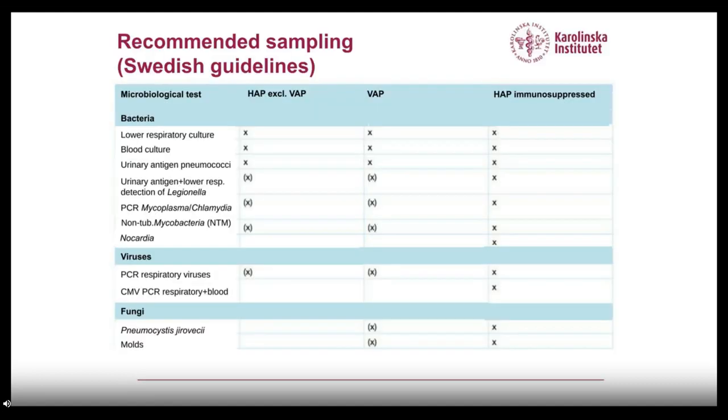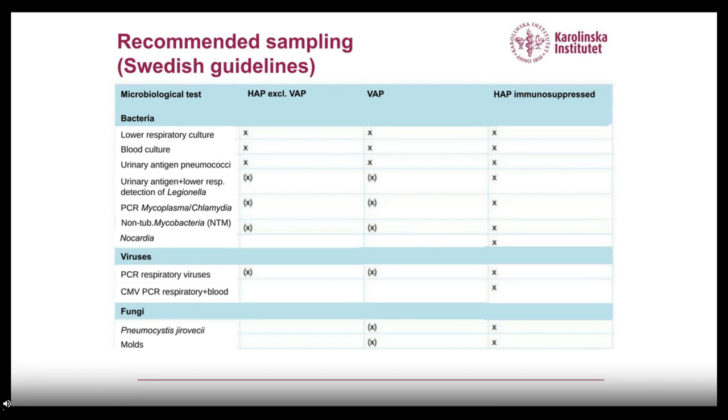In terms of the general guidelines, these are some examples of the Swedish guidelines for sampling in lower respiratory tract. There is quite some interest in doing lower respiratory tract sampling in Sweden, perhaps more so than at least in some other European neighbor countries.